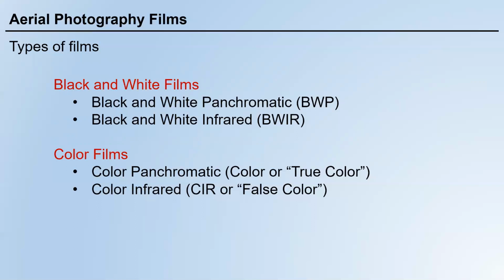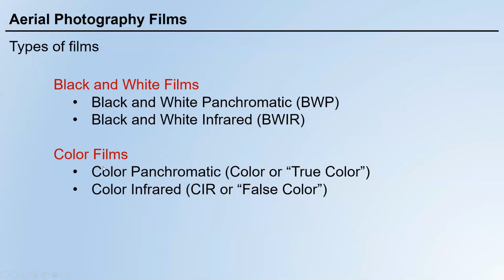If all the objects in a pixel have very low reflectance within the infrared range, that pixel will be very dark. So the gray levels of BWP or BWIR, bright or dark, are decided by the reflectance of pixels within the panchromatic range, which is visible light, right, or within the infrared range. I will show you examples.